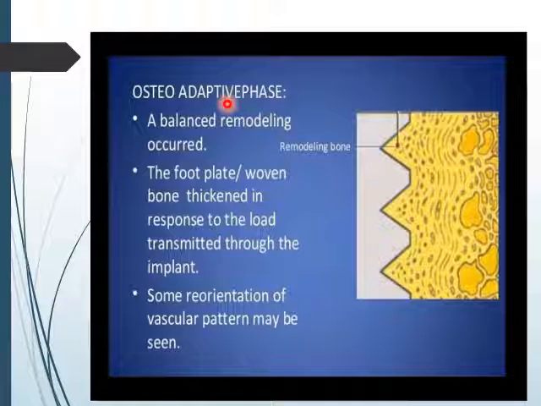Osteoadaptive phase. A balanced remodeling occurs. The footplate or woven bone thickens in response to the load transmitted through the implant. Some reorientation of the vascular pattern may be seen. This area of thread is filled by remodeling bone.